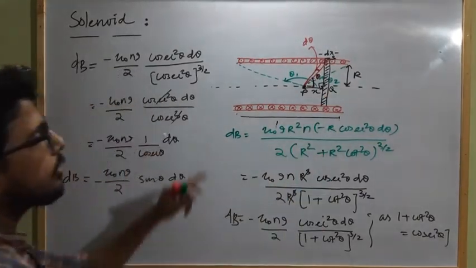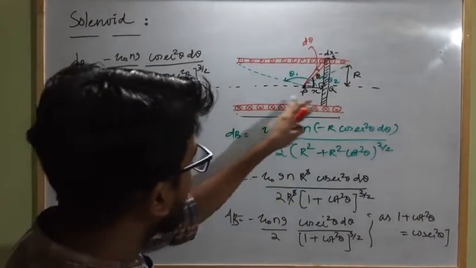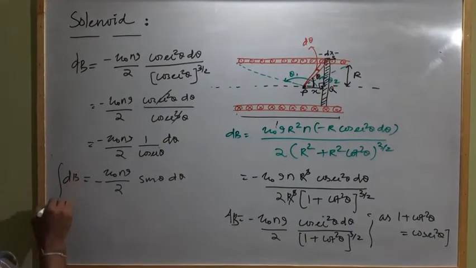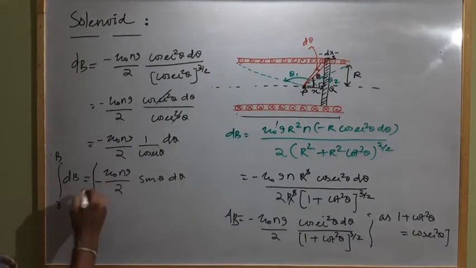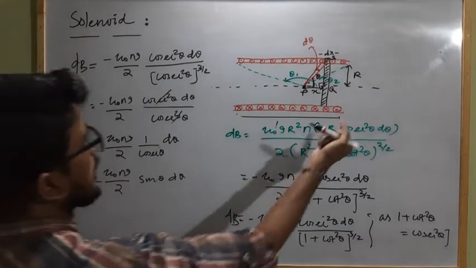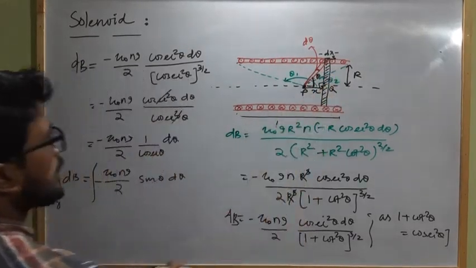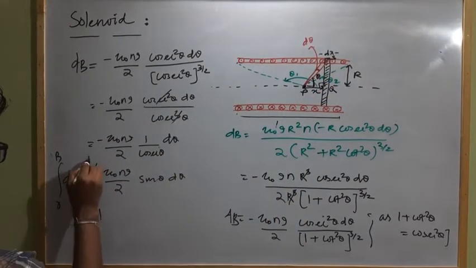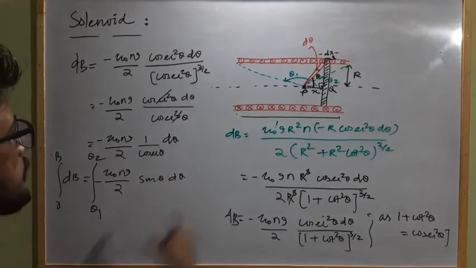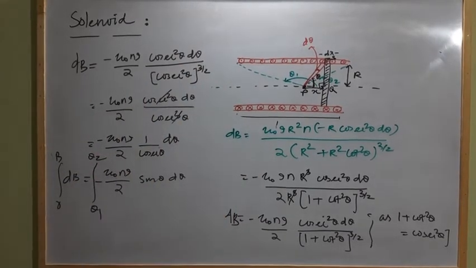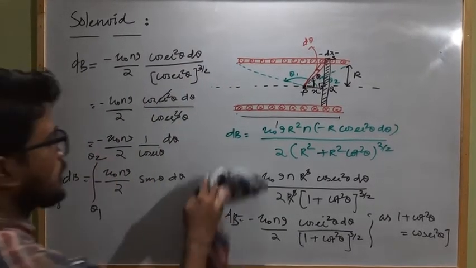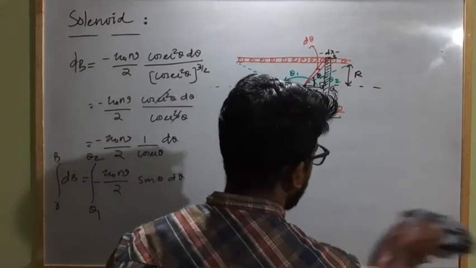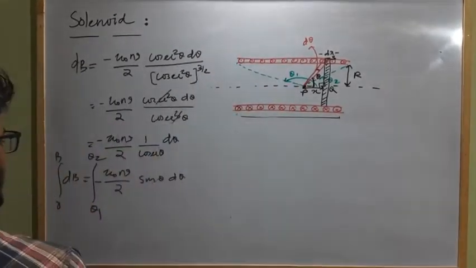Now we have to find the total magnetic field strength due to a complete solenoid. So now integrating this from 0 to B. Here the variable is d theta, which varies from theta 1 to theta 2. As both are measured in the same direction, there is no need to put a minus here. So what is the net magnetic field strength at this point P?